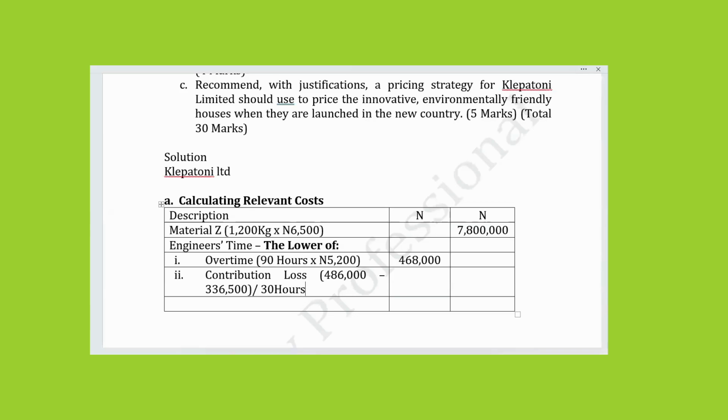So this will then give us contribution per hour. You then multiply everything by the hours required on this project, which is 90 hours. Okay, so this will then give us the total contribution loss. Let me push this to the front.